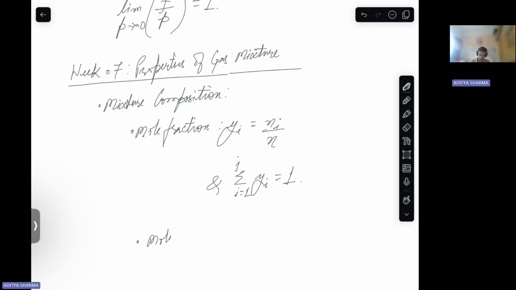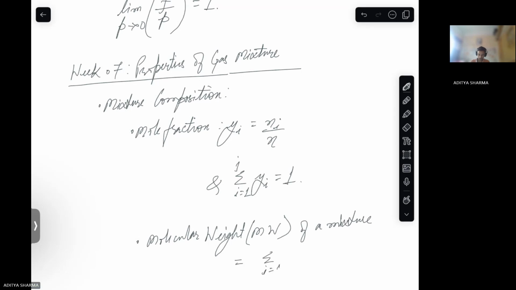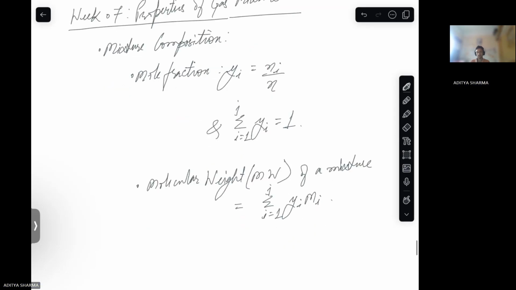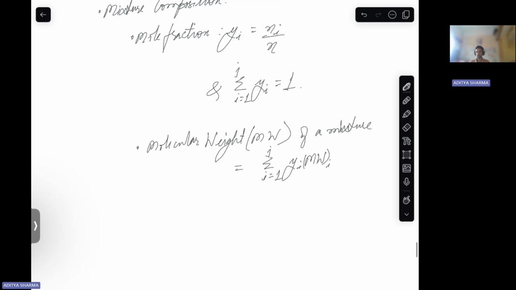And if we want to find the molecular weight of a mixture, how can we do that? It can be done this way, right? Or you can write it with MWi, the molecular weight of some particular component of the mixture.